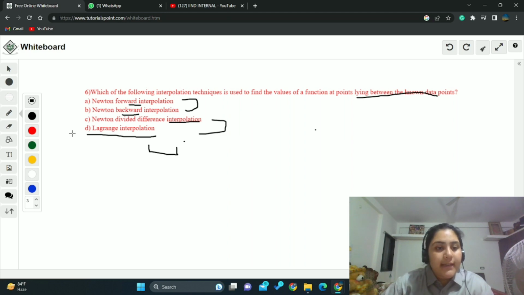So this is the correct answer because it can accurately measure the values of function at a point lying between the known data points or within the data range. So the correct option would be option D, Lagrange interpolation.